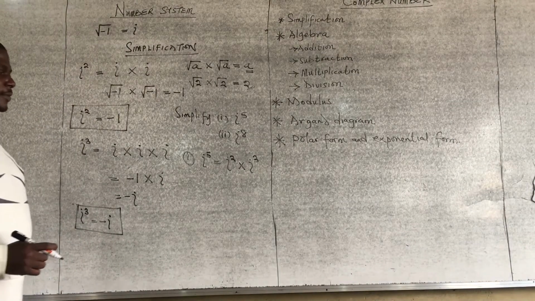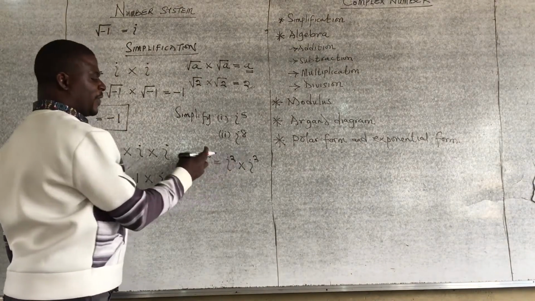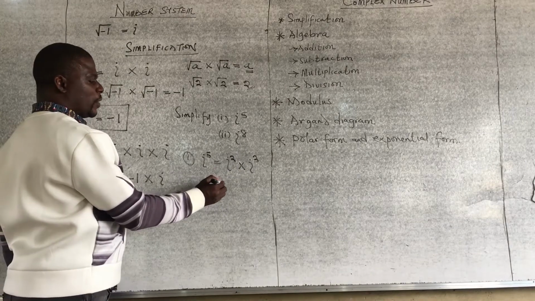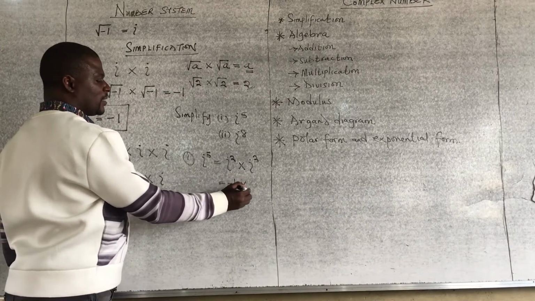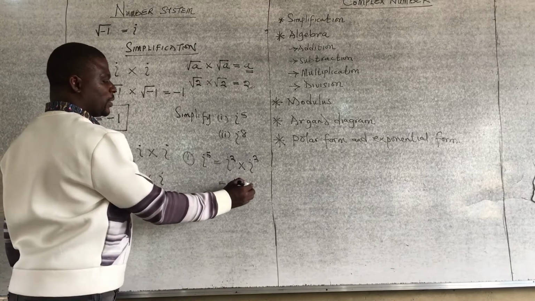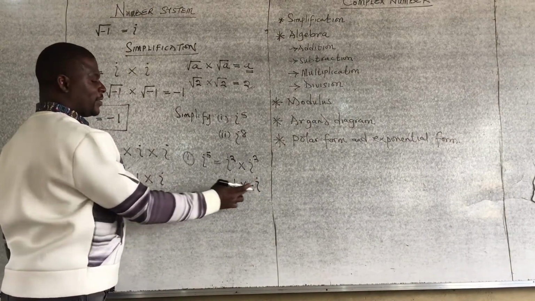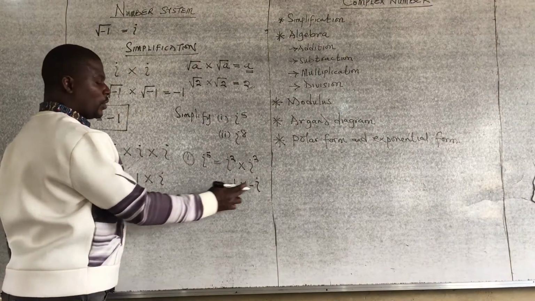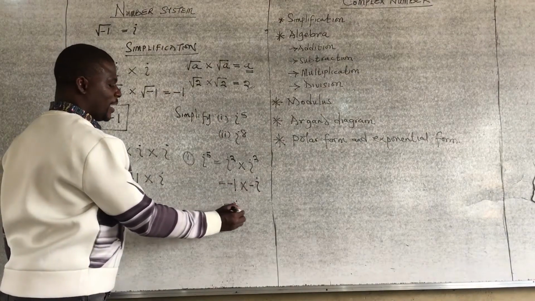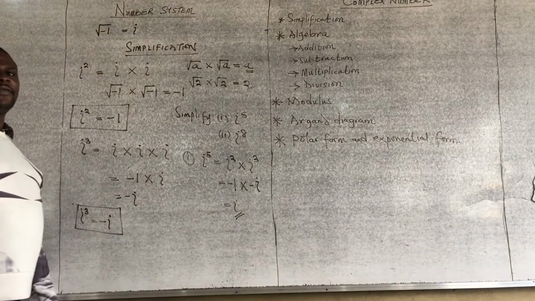You agree? So we got 2 plus 3 is 5. Then I know that my i^2 is minus 1, times my i^3, which is minus i. So minus times minus is plus 1 times i. What's that? i. So your i^5 is i.